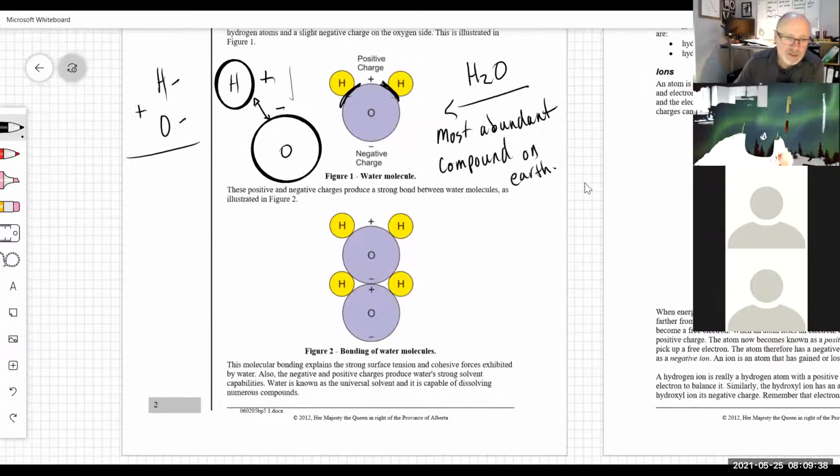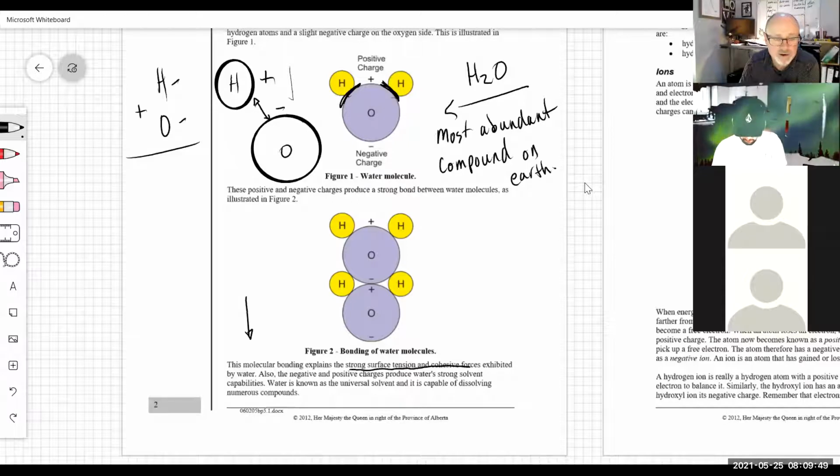So this molecular bonding down here talks about the strong surface tension and cohesive forces exhibited by water. Now, do we know what strong surface tension means?